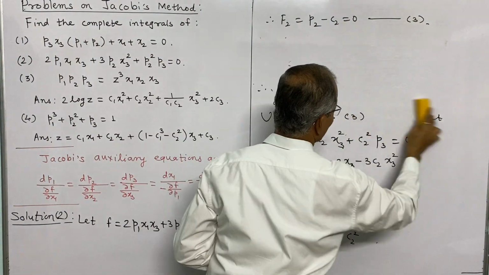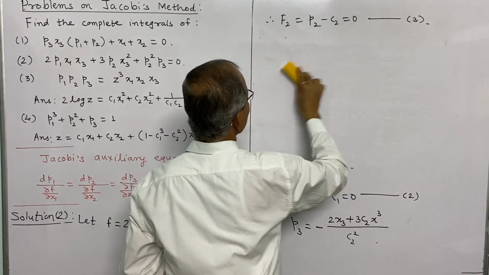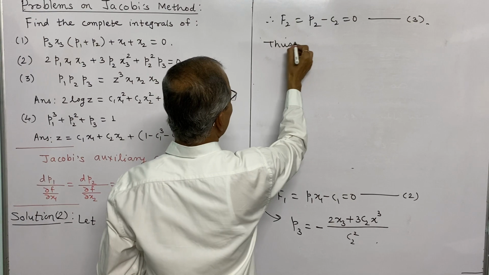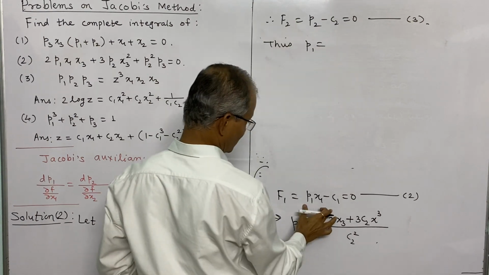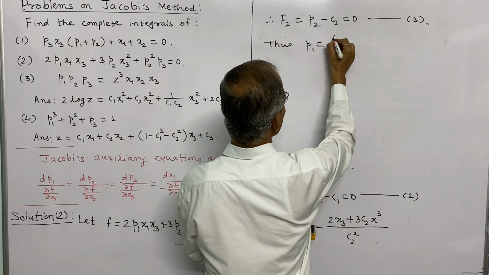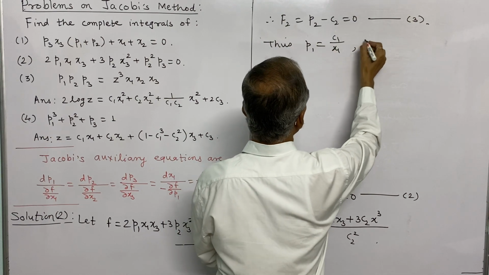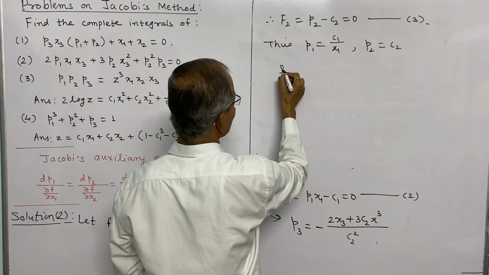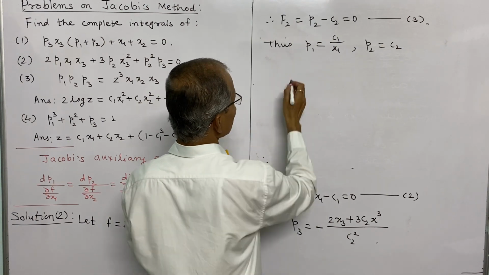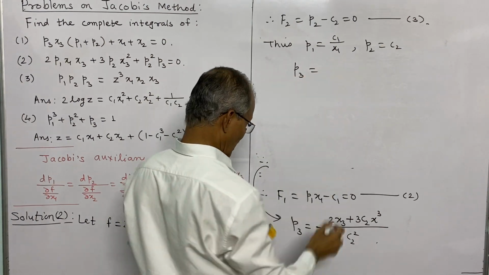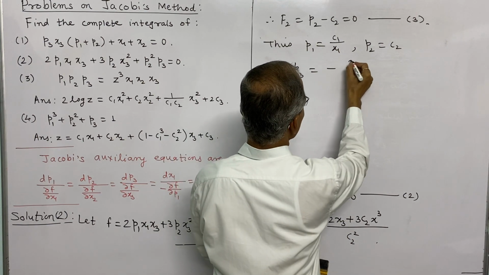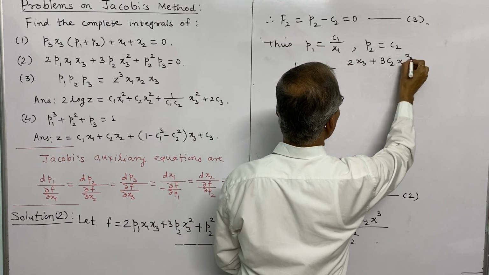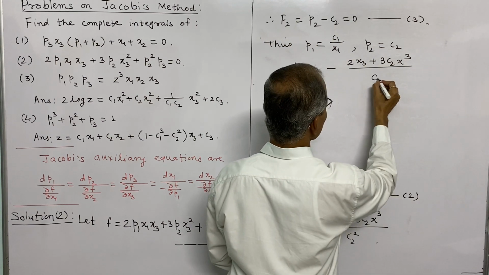So thus, P1 is from this, C1 divided by x1 from 2. P2 is C2 and P3 is this value, minus 2x3 plus 3C2 x cube divided by C2 square.